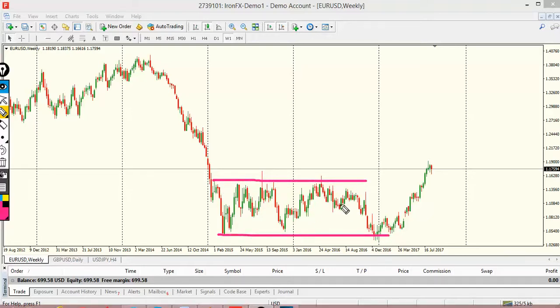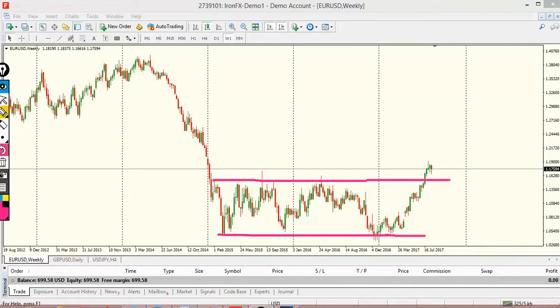So that's a perfect example of a range. You see that the market was held here for a long period from 1st February 2015 up to December 2016. It is just recently the market broke above it, but this was what was happening all along. So that's a perfect example of a range.